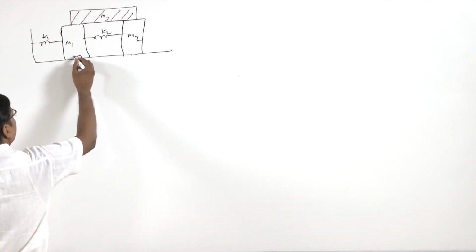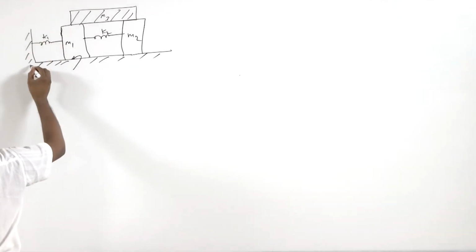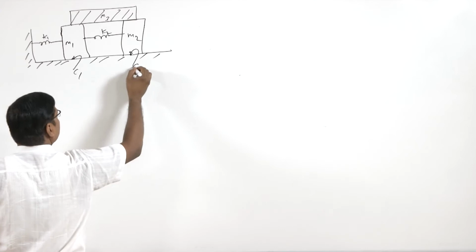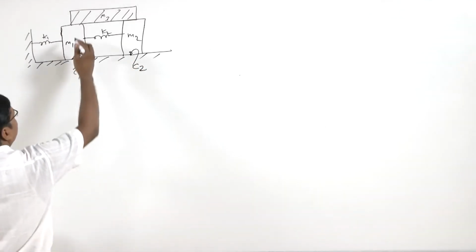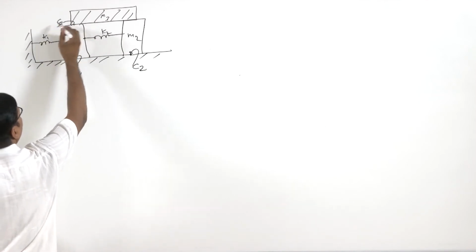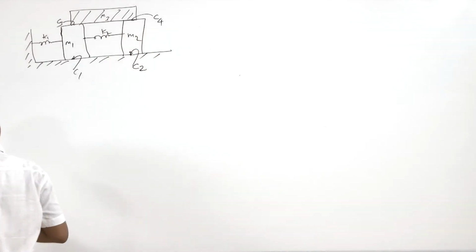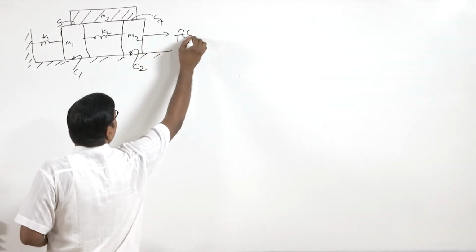The damping between this surface is C1 and damping here is C2. Here is C3, between these two blocks there is damping C3, and here is C4. So we apply a force F(t) here.